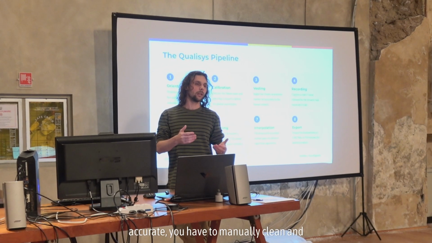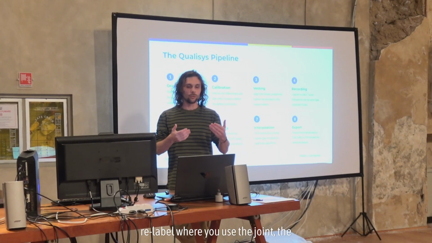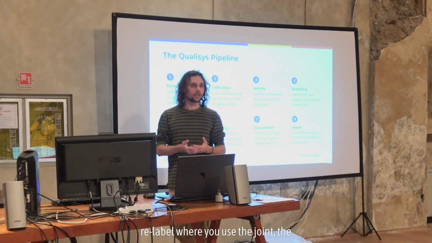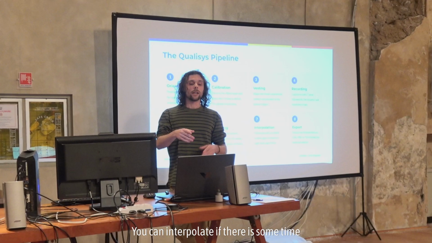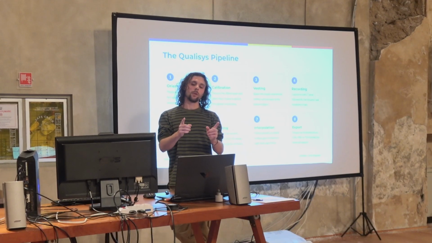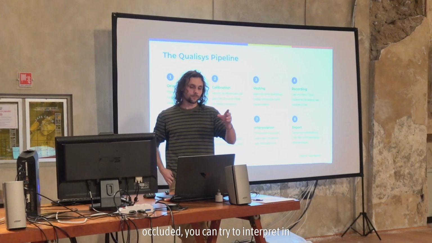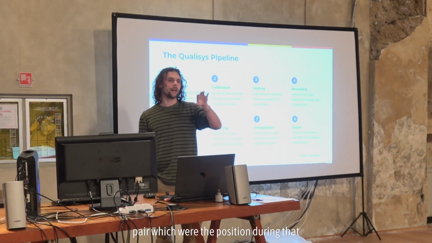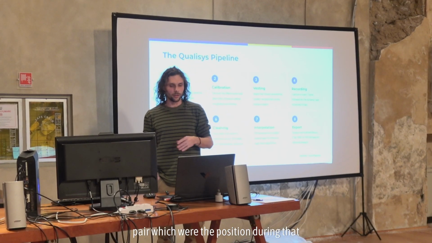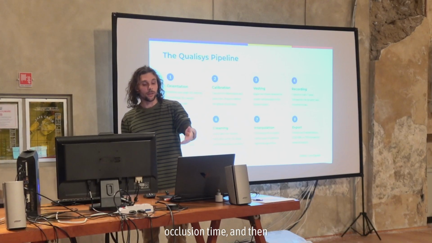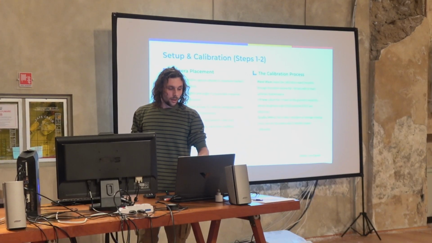You have to manually clean and relabel where you lose maybe the joint, the track, where there are occlusions. You can interpolate if there is some time in which a marker disappears, it is occluded. You can try to infer which were the positions during that occlusion time, and then you can export your data.